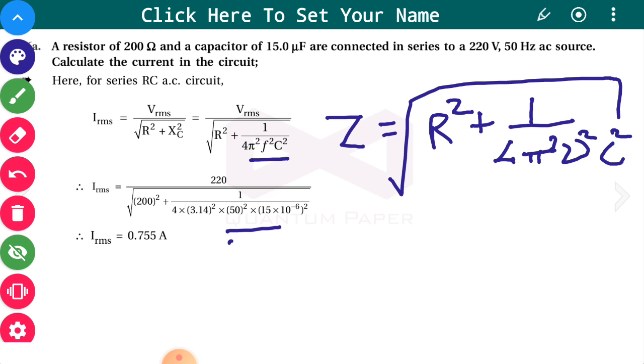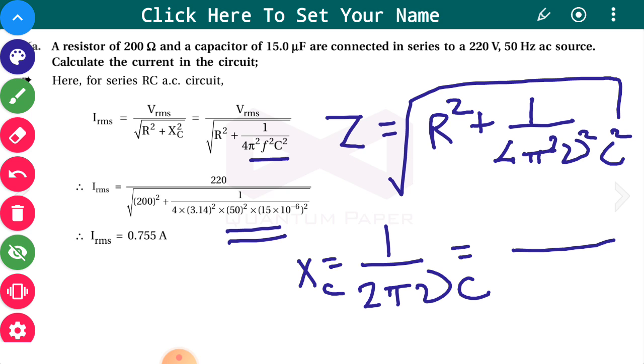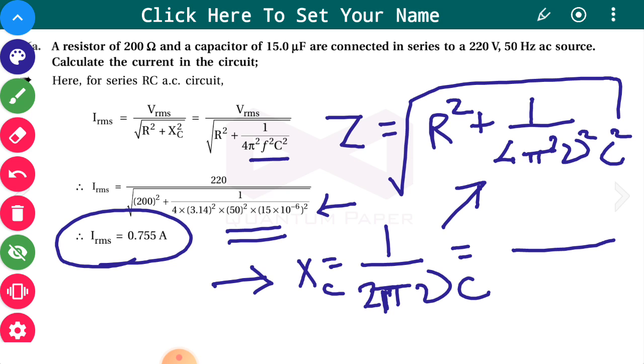If you substitute all the given values and simplify properly, first calculate 1 upon 2 pi nu C as XC separately, and then substitute that value directly here, so the calculation becomes easy. If you put everything together at once, there may be a chance of error. So first calculate XC separately, then put in the value, and you can simplify easily and get IRMS as 0.755 ampere.